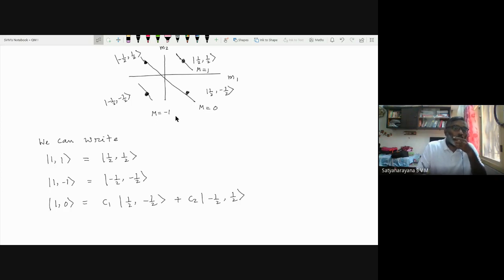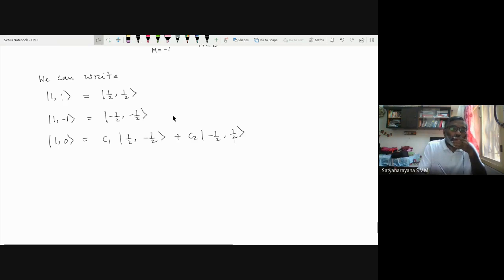This is how C1 and C2 have to be determined. Same is the case with 0 0, because M equal to 0 can also come from these two, half minus half and minus half half. So that we do not know at this moment. Let us call that some d1 times half minus half plus some d2 times minus half half.